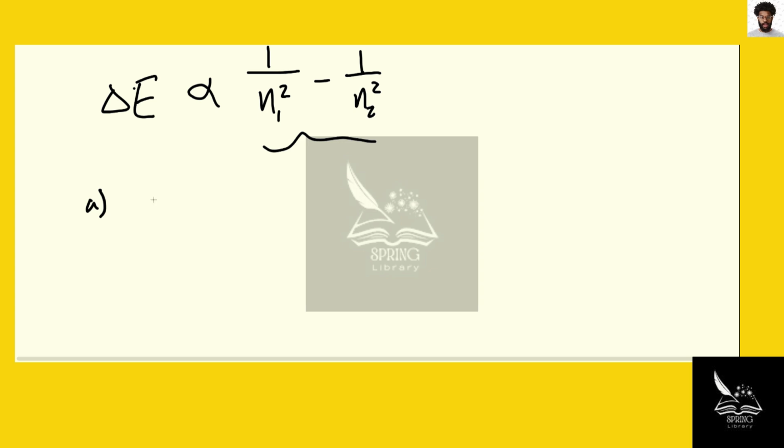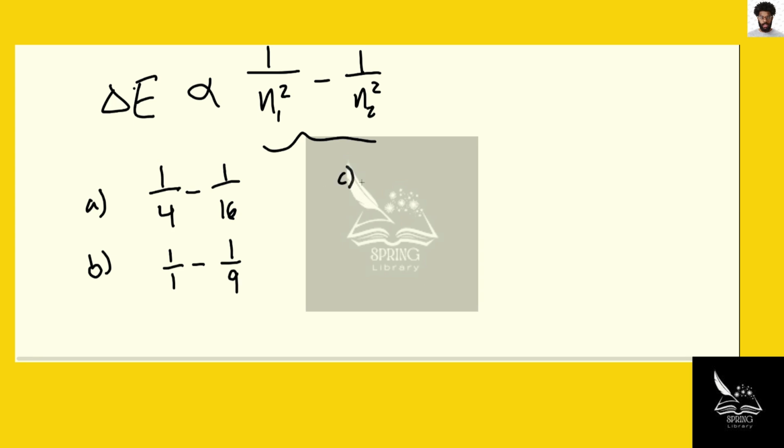We've got, for A, n1 equals 2, so that's 1 over 4, and n2 equals 4, so minus 1 over 16. B, we've got n1 equals 1, so 1 over 1, minus n2 equals 3, so that's 1 over 9.